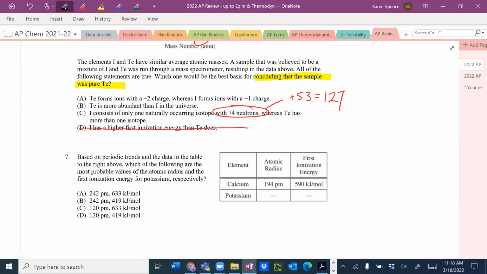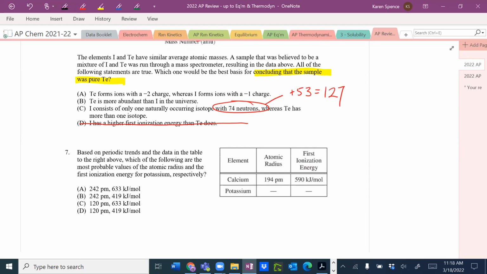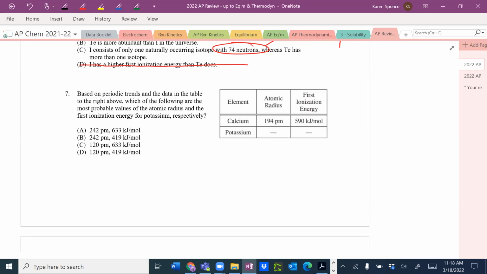All right, number 7. Based on periodic trends and the data in the table above, which of the following are the most probable values for the atomic radius and ionization energy for potassium?